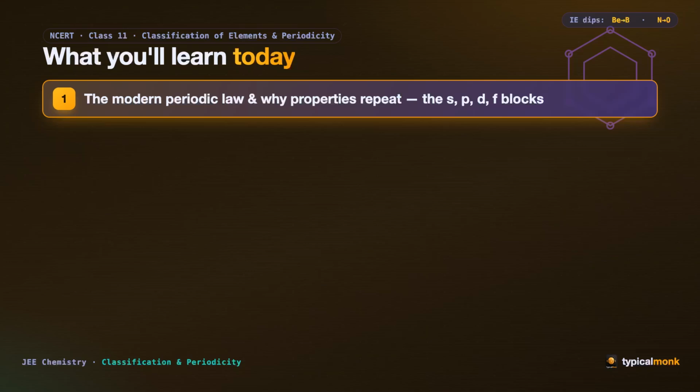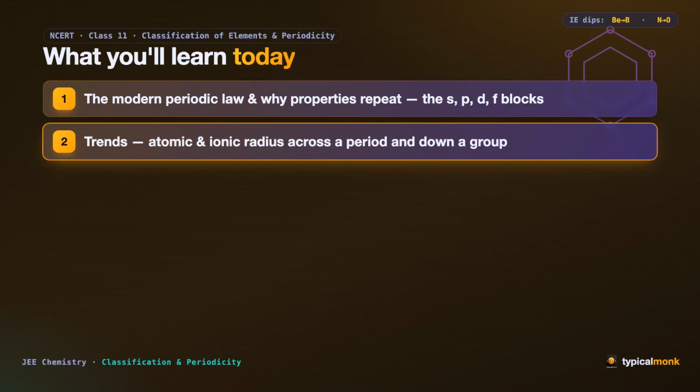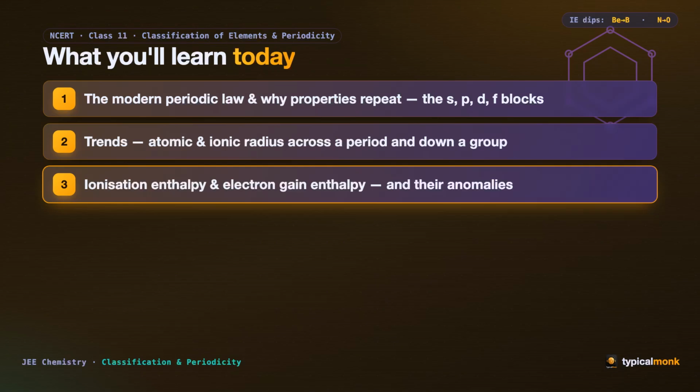So what will you carry home from today's class? First, the modern periodic law and why properties repeat, the 4 blocks S, P, D and F, the neighborhoods where elements live. Second, the size trends, how atomic radius and ionic radius change as you move across a period and down a group. Third, ionization enthalpy and electron gain enthalpy and the anomalies that break the smooth pattern.